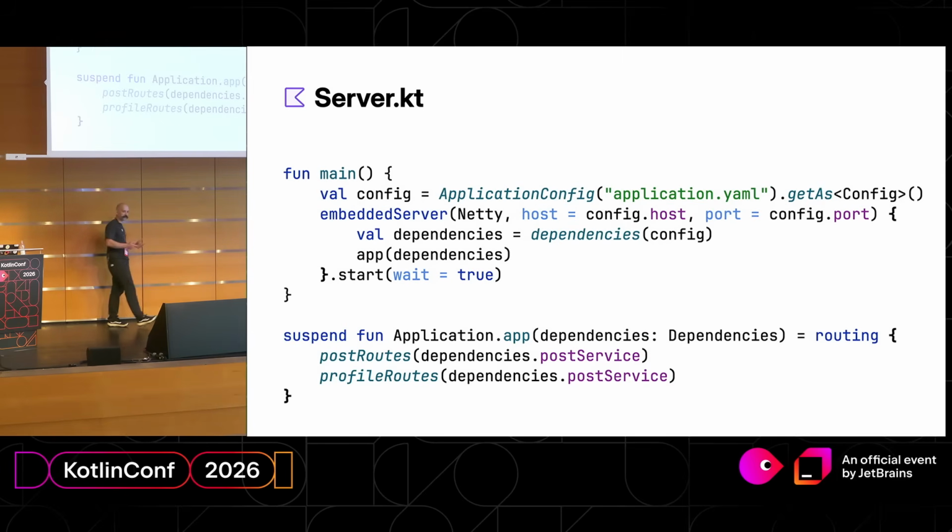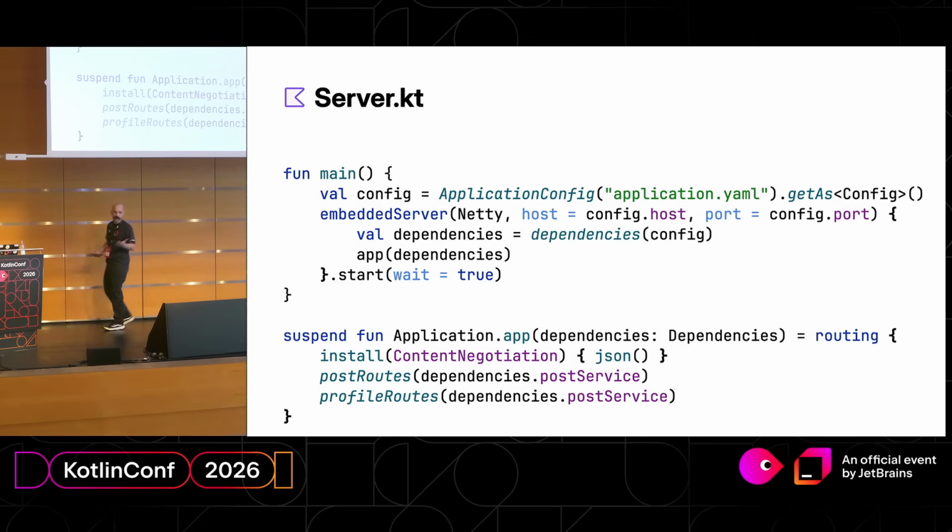So I create a split, and I define a separate app function which defines my routes and potentially installs any plugins that I need for my routes, like content negotiation, which will be used to resolve the serializers for incoming requests and serializers for outgoing responses.